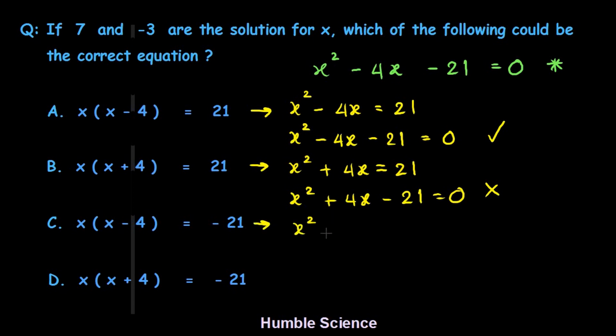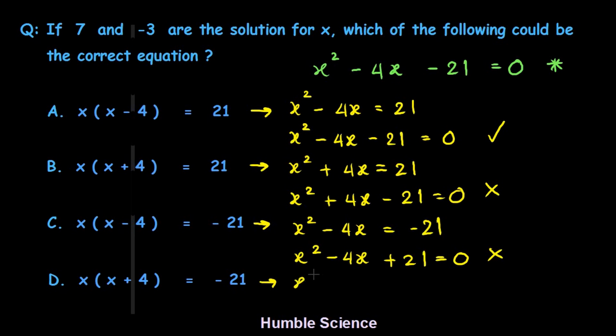Alright, let's see C. x squared minus 4x equal to minus 21. That means x squared minus 4x plus 21 equal to 0. That is also not correct. Alright, the last one.